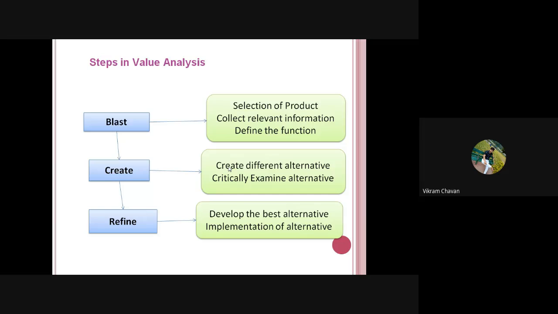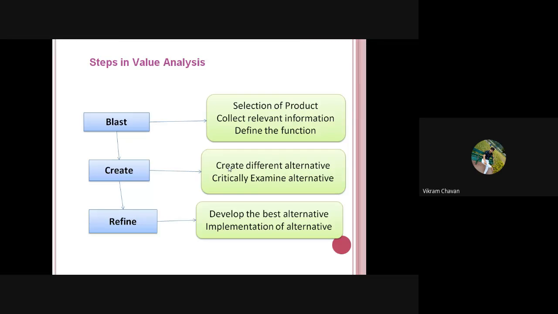Once you have selected the best alternative, you have to develop it in-house or buy it from your vendor. In that case also, you have to check the quality and visit the vendors to check whether their facilities and quality match the requirement.